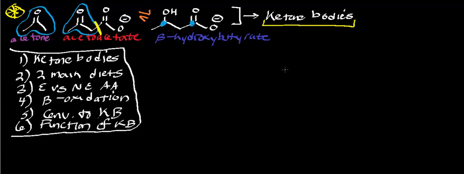So there's a huge distinction, though, between a starvation or fasting state ketone body production and a fed state ketone body production. In the starving state or the fasting state, the lipids that you're turning into ketone bodies come from your adipocytes. If you don't know this, adipocytes are your fat cells.